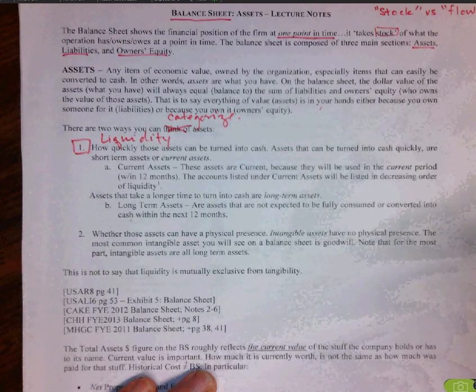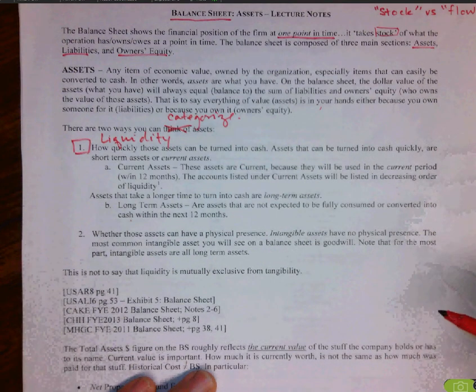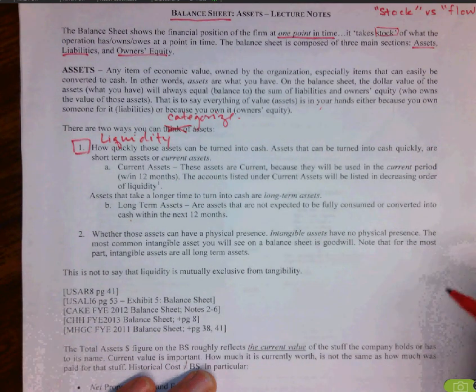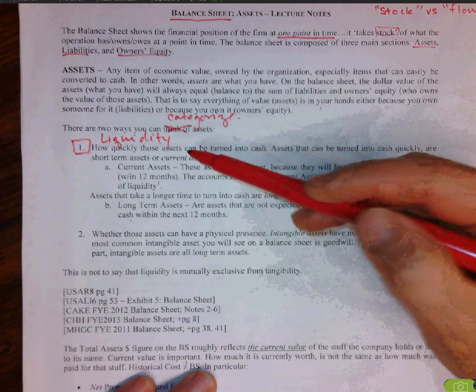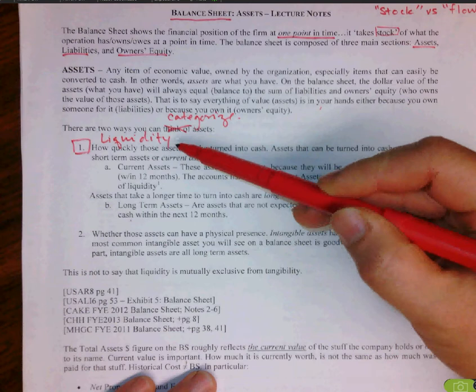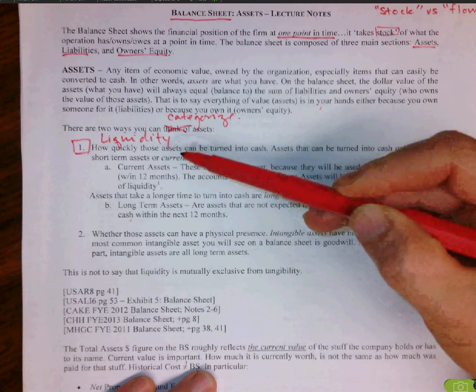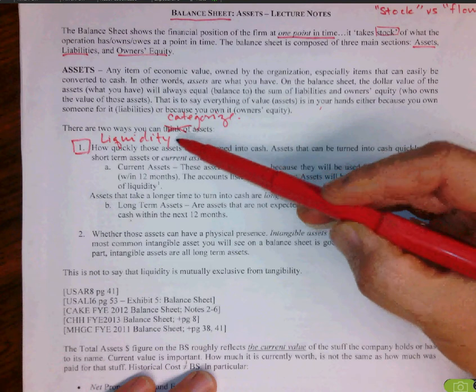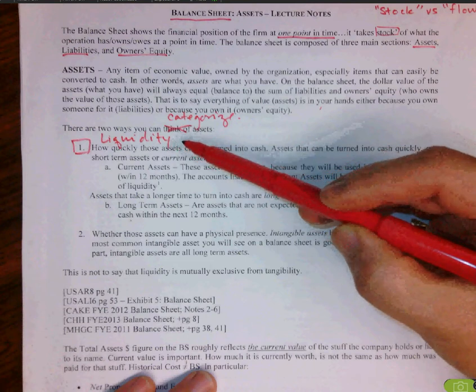Something even less liquid would be if I have stocks or mutual funds. I can liquidate those very easily, but it's a little bit more hassle than having cash. Now going way down on the list of liquidity would be property, plants, and equipment. So something like my car. Although my car has value, it's an asset, it takes me a little bit longer to turn that car into cash.